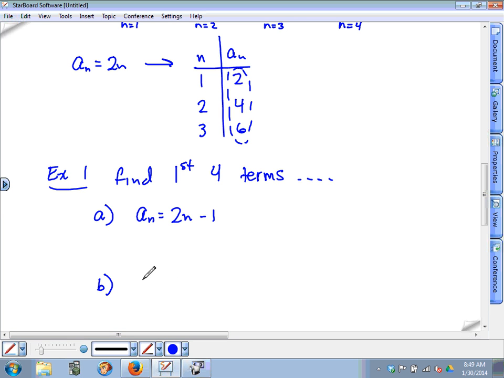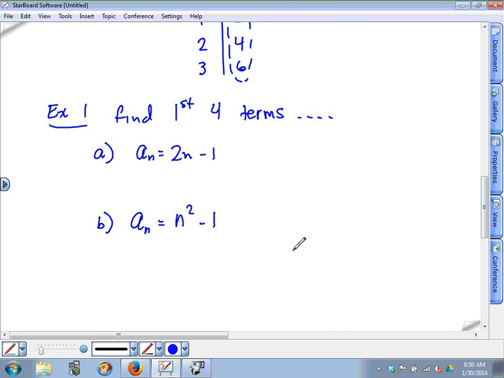When you finish with that one, write the first 4 terms of this sequence. Last part of this example, find the first 4 terms of that sequence. The first 4 terms.